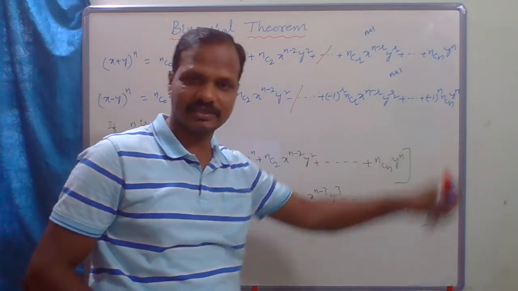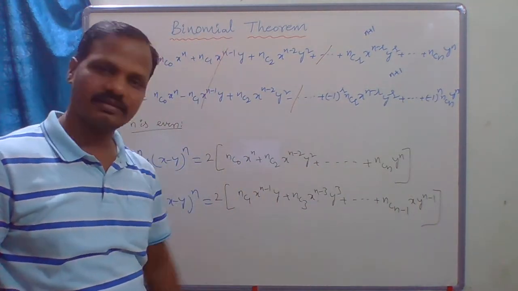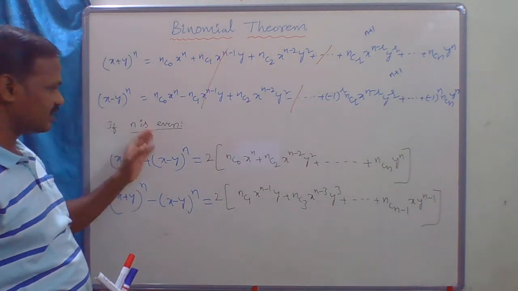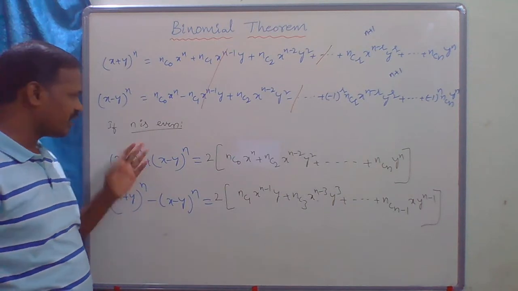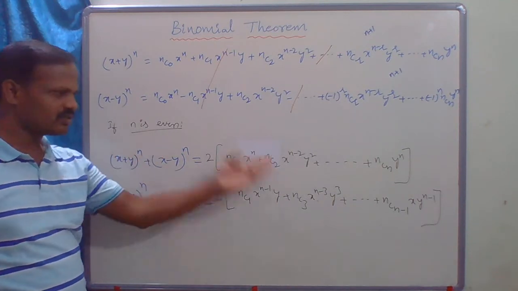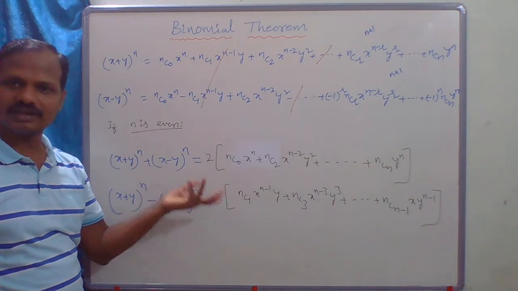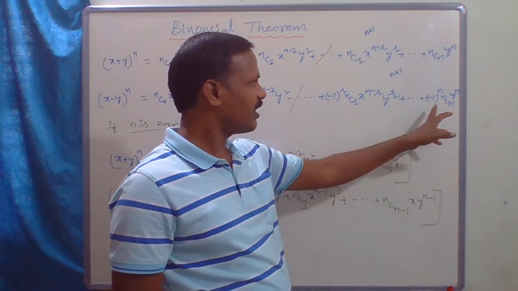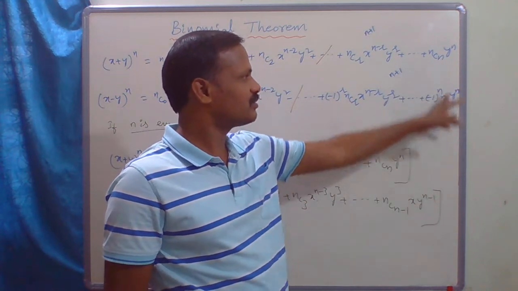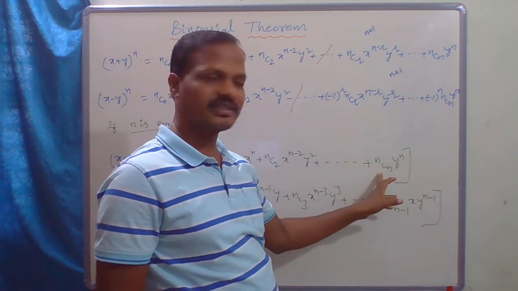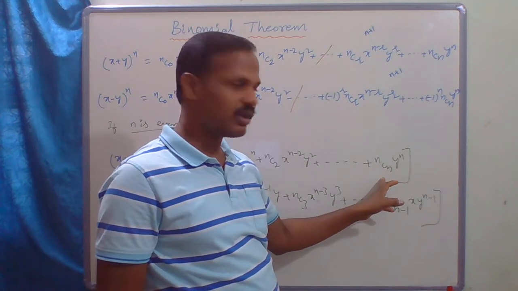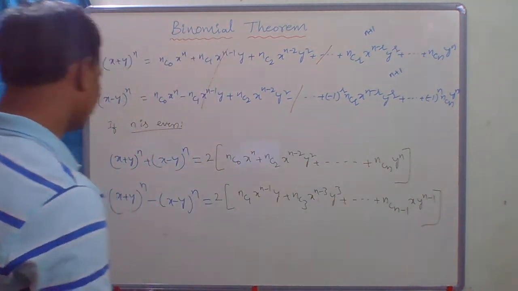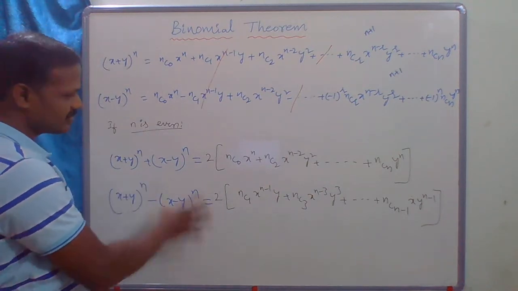Because we are making subtraction. So if n is even, like this. If n is odd, then also same. Even if n is odd or even, whatever it may be. So if n is odd, then the last two terms will be cancelled. Here the last term is nC(n−1) x y^(n−1).